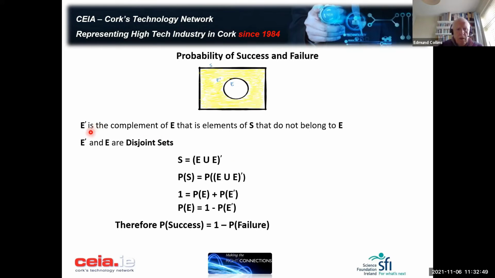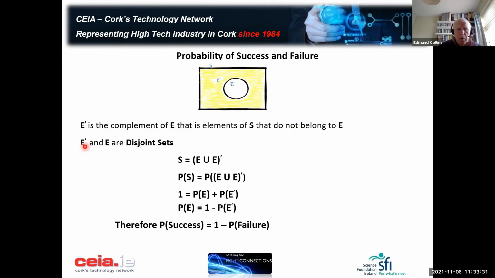Here we have our sample space again, a rectangle, and an event E. Anything outside of the circle is designated the complement of E, that is, the elements of S that do not belong to E. It's designated E apostrophe, so you'll have to be familiar with that.